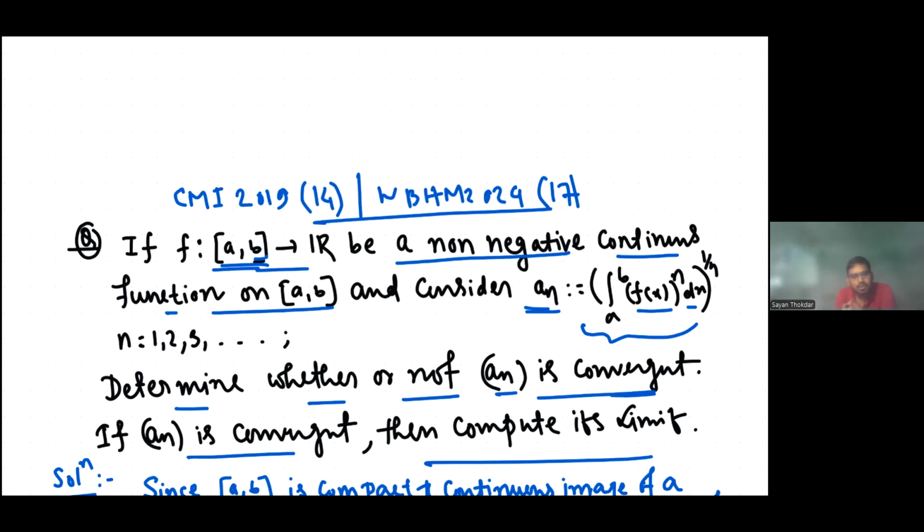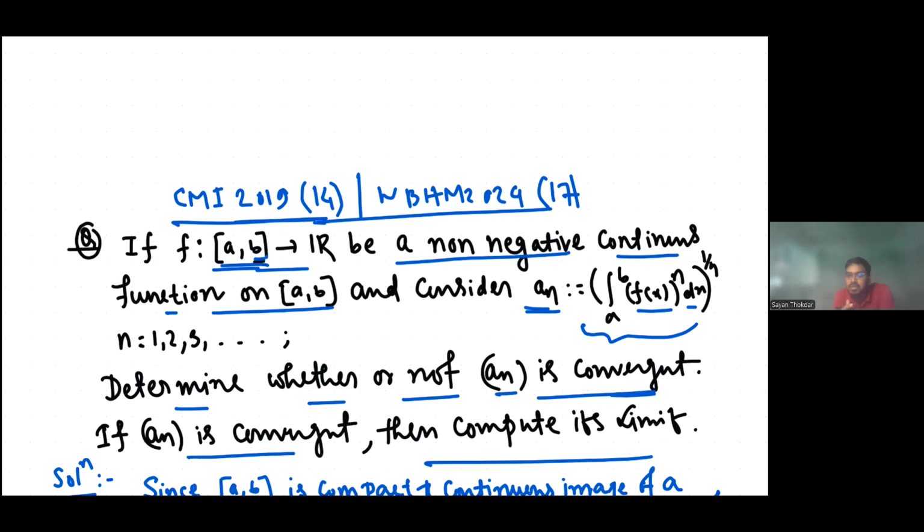In CMI, if you open question 14 of 2019, the interval is the closed interval 0 to 1, f is a continuous function, and the sequence is the integral from 0 to 1 of modulus of f to the power n dx, whole to the power 1 upon n. Then you have to prove that it is convergent. That is the question.